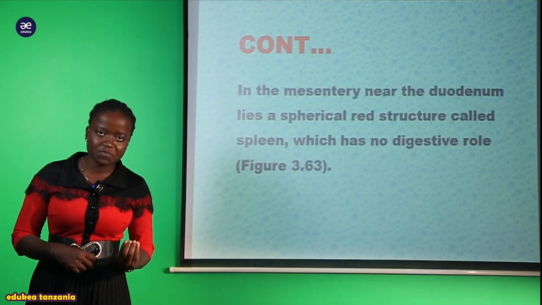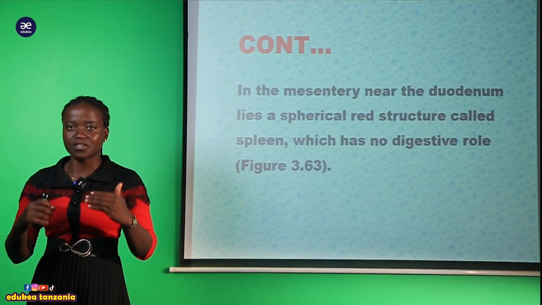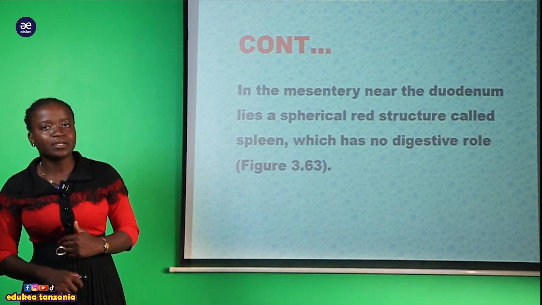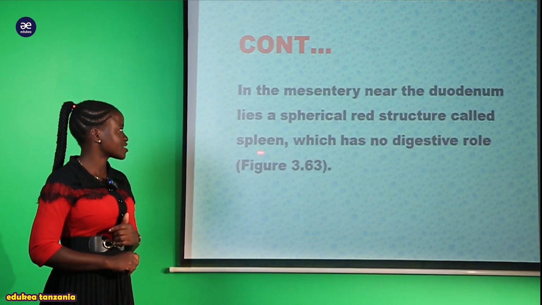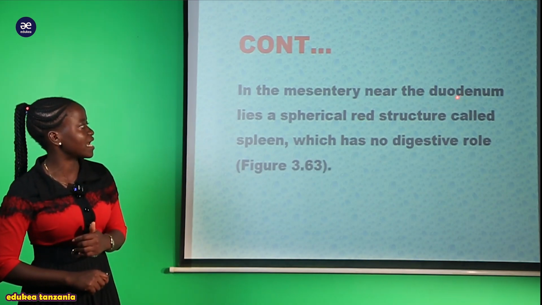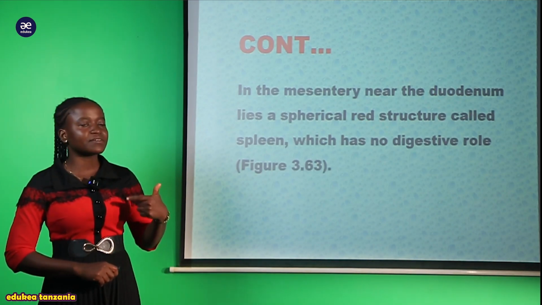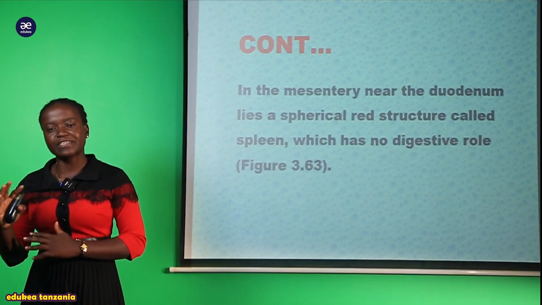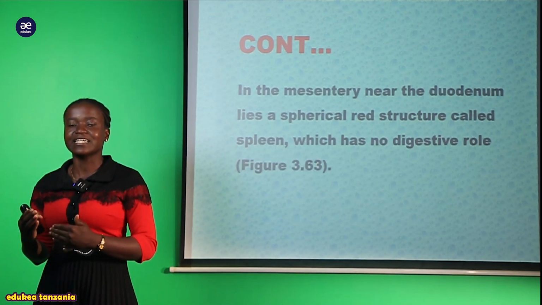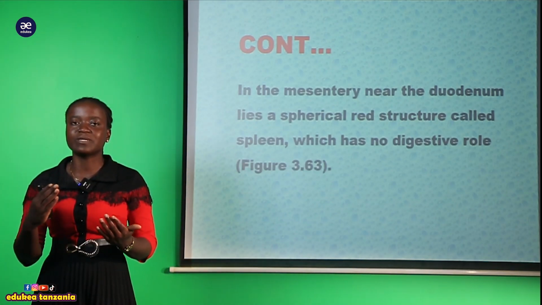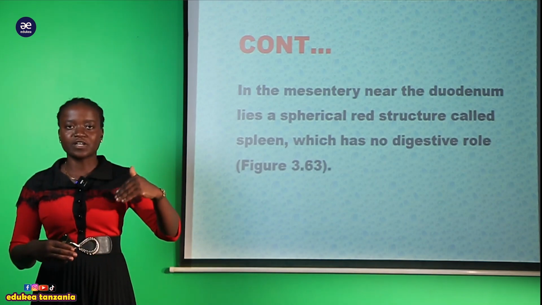But the spleen which is present within the frog has no digestive role. This spleen is located between the duodenum and it is red in structure. Ukienda kudissect the structure of the frog, also you will be able to see the spleen.